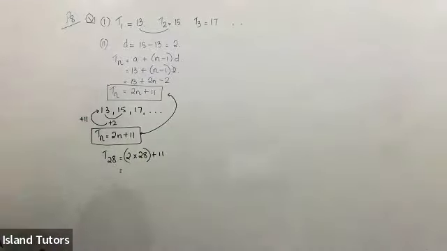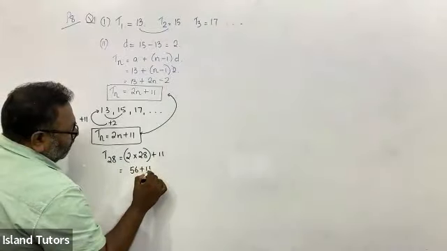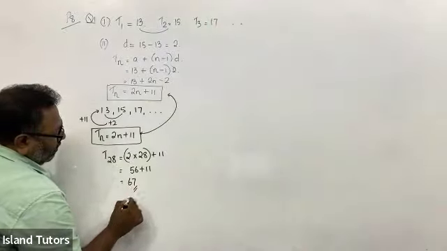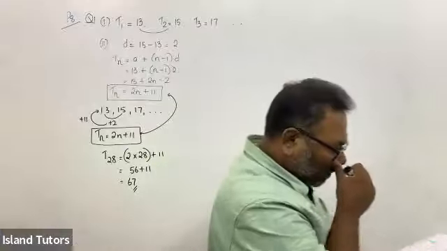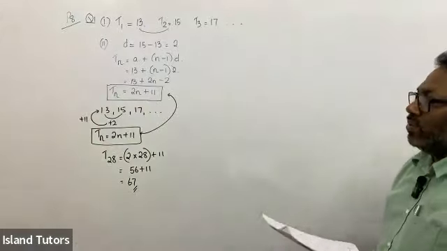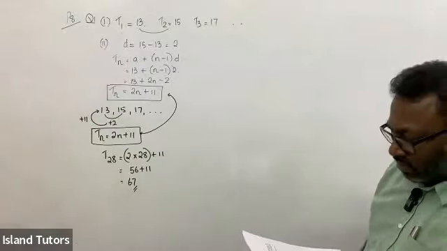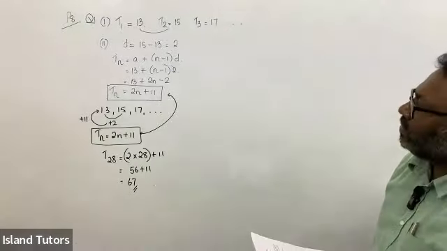So 2 into 28 is 56 plus 11, which is 67, is your answer for question number 2. Okay. What is question number 2? How many flowering shrubs are there in the 28th row? There are 67 flowering shrubs. Okay.